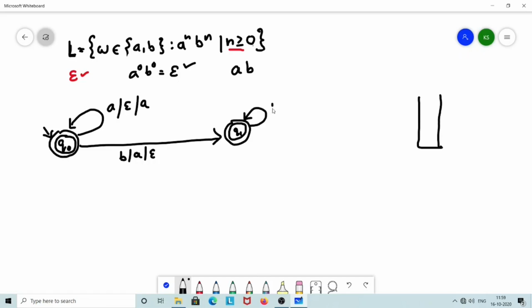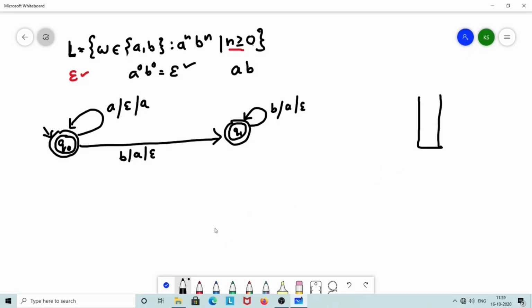And being in Q1, if I encounter further B, I should pop A out, right? So these are the changes that I need to incorporate if the problem is given as n greater than or equal to 0.